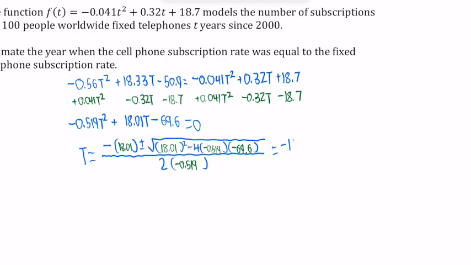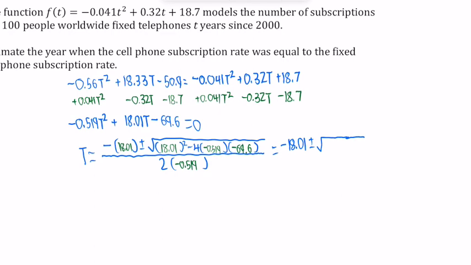All right, so let's try to simplify this a little bit at a time. We would have negative 18.01 plus or minus the square root. Now, because I've got all these decimals, I'm not going to worry about simplifying a square root. I'm going to use my calculator to calculate everything under the square root all at once: 18.01 squared minus 4 times negative 0.519 times negative 69.6.